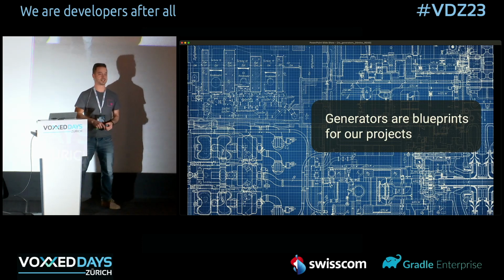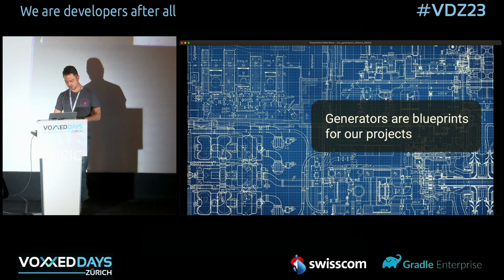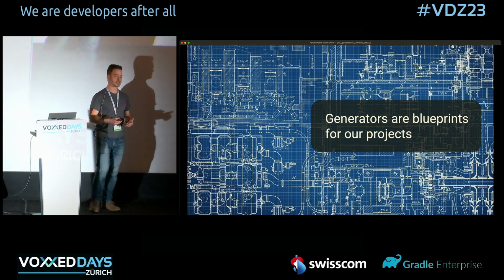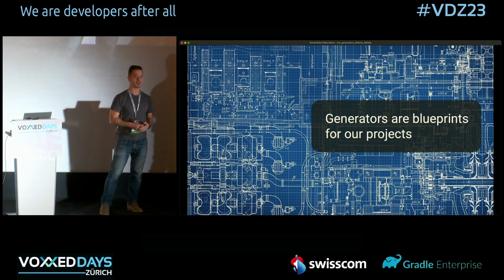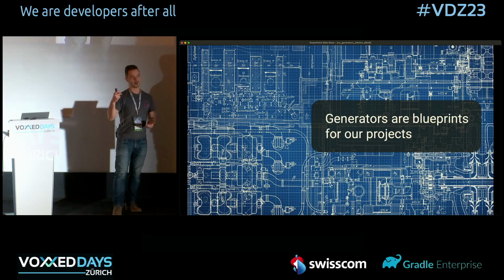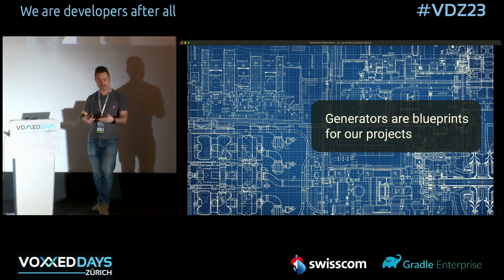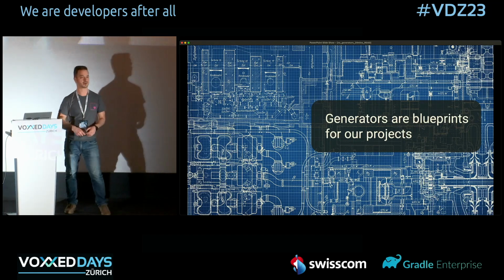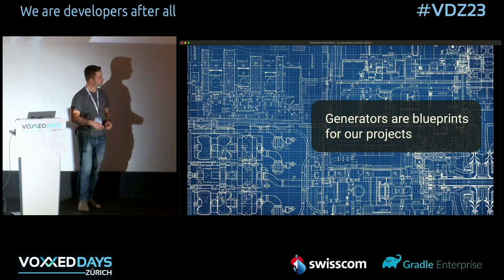Generators can be seen as a blueprint for our projects because they allow us to bundle some tasks that we typically execute when we create, for example, new projects. Let's think about defining configuration files for the pipeline or Docker files and other boilerplate and common tasks that are typically very annoying, or at least I found them very annoying.